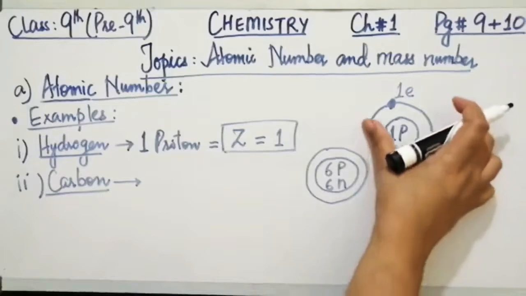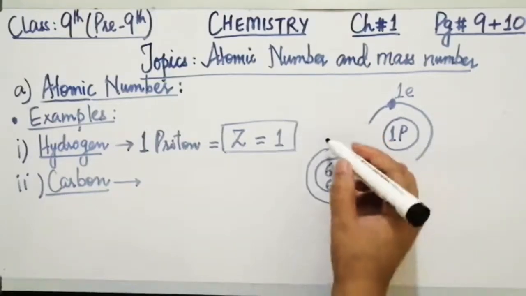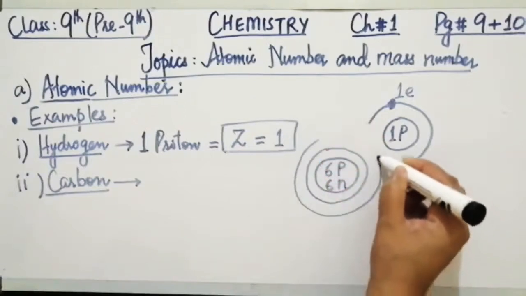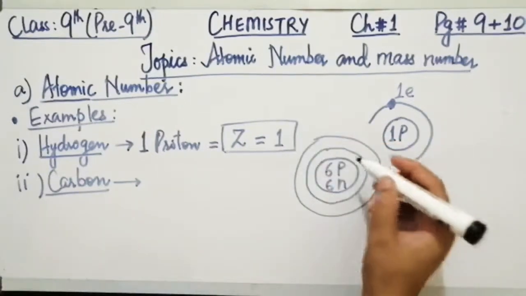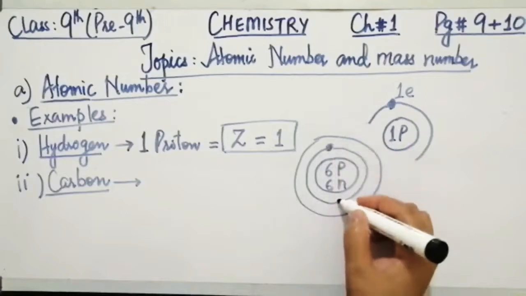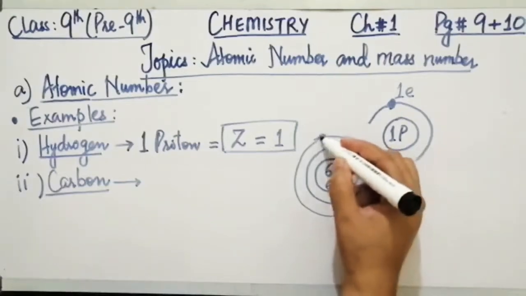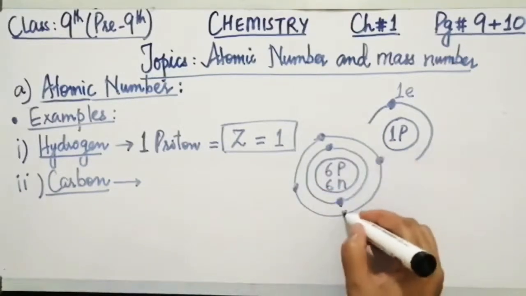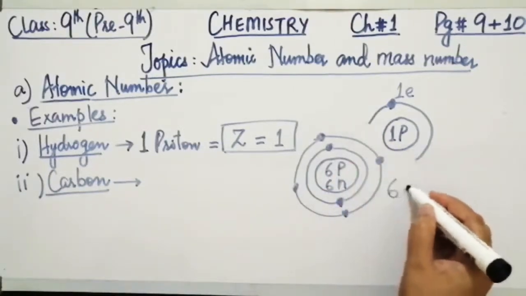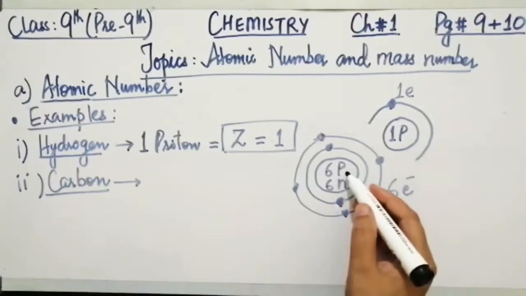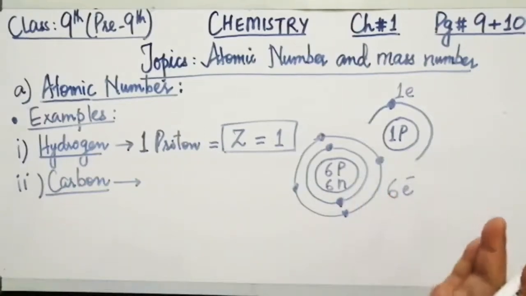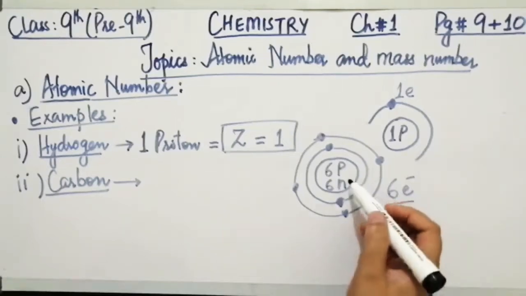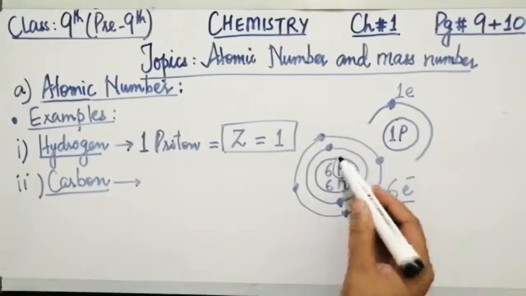So here I am drawing some circles which represent the orbits or shells of an atom of carbon, and the first shell contains 2 electrons. The remaining 4 electrons will move toward the second shell. So 6 electrons and 6 protons, but we are not considering electrons here. We are only focusing on the number of protons.